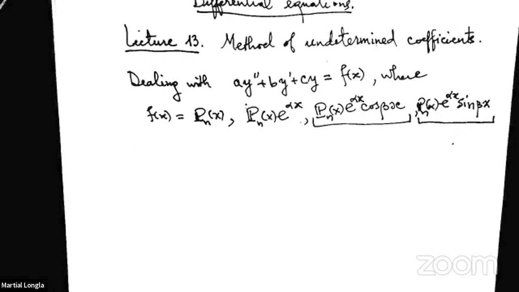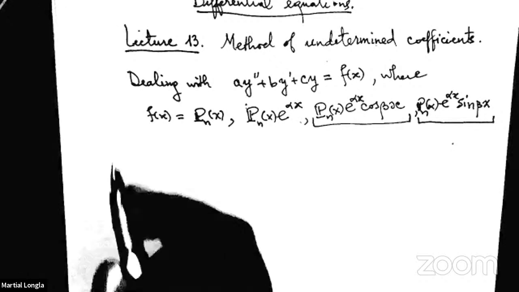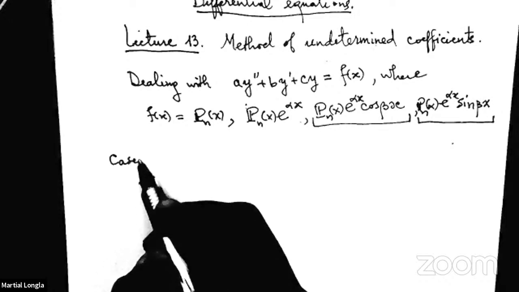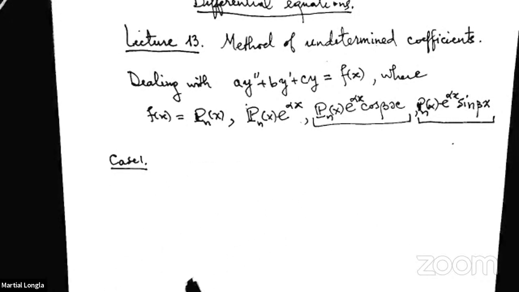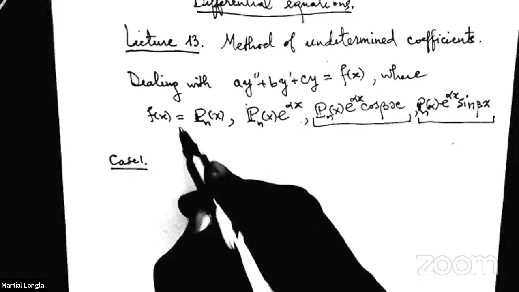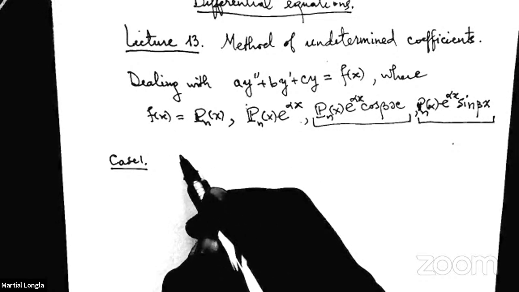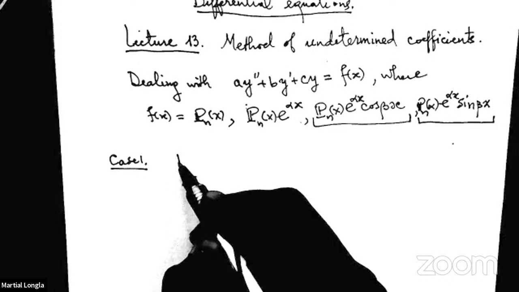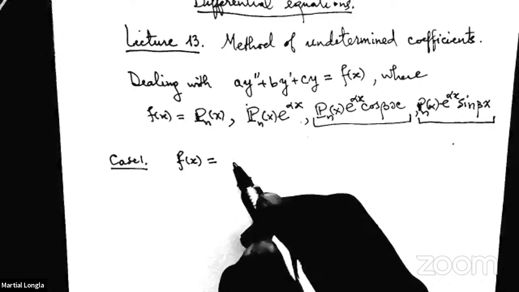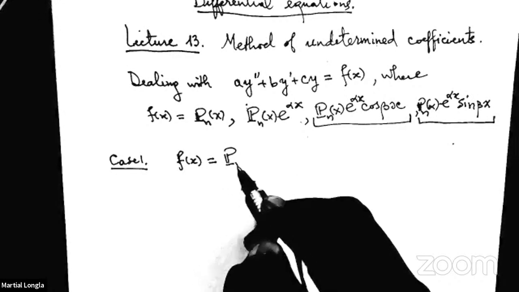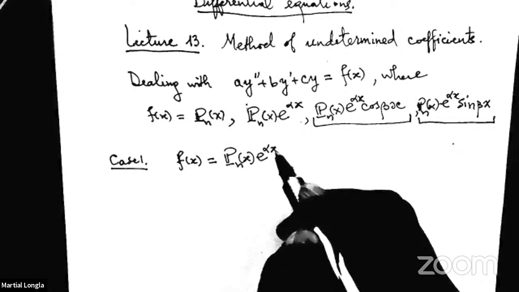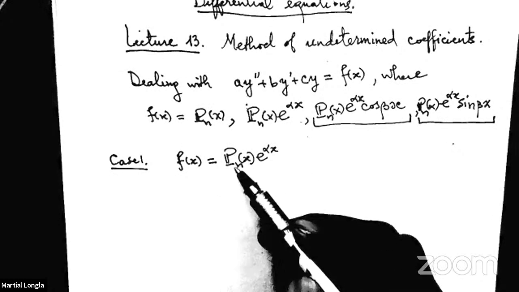That's it. So I'm going to start by case 1. F of x equals Pn of x e to the alpha x. Again, Pn of x means what?